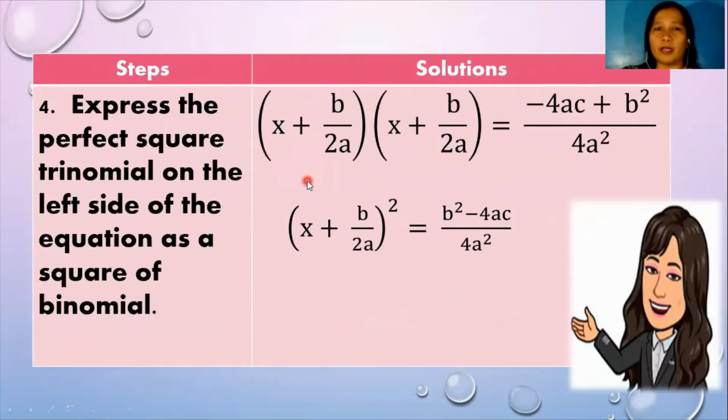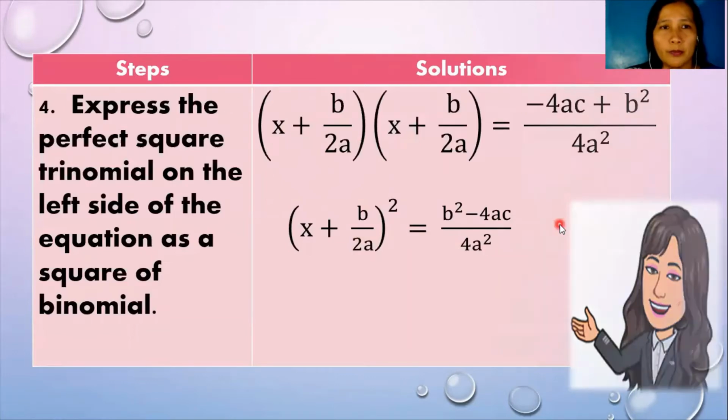The factor of the left side is the quantity x plus b over 2a times the quantity x plus b over 2a. Then we will solve the right side, so it becomes negative 4ac plus b squared all over 4a squared. So how can we express this as a square of a binomial? You will write x plus b over 2a quantity squared is equal to b squared minus 4ac all over 4a squared. And that will be our equation now.